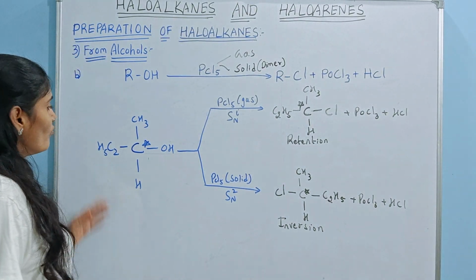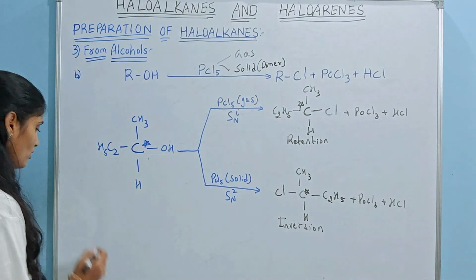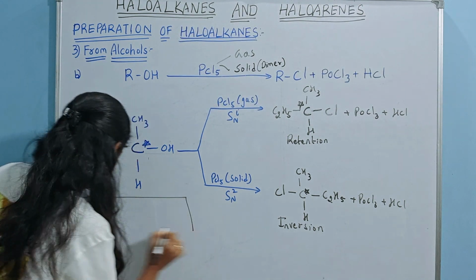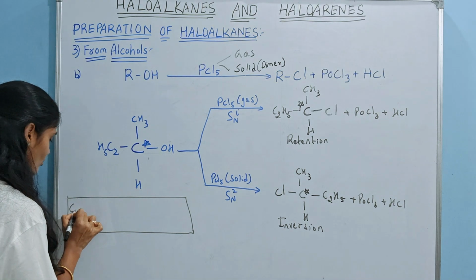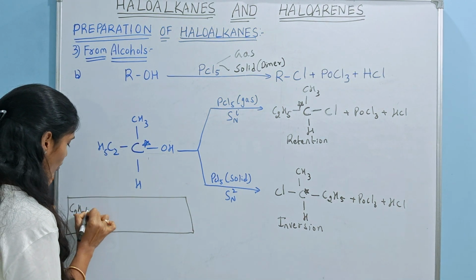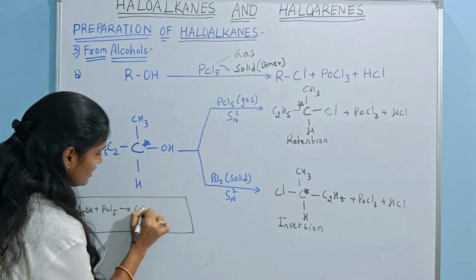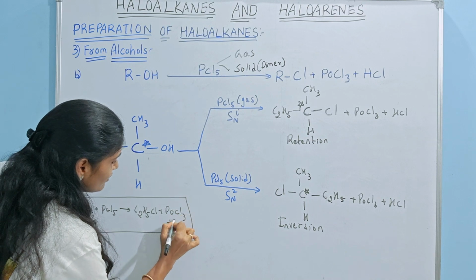Now we can talk about retention and inversion because I have a chiral carbon here. For example, if I take a reaction in which I don't have any chiral carbon, for example, C2H5OH plus PCl5 gives C2H5Cl plus POCl3 plus HCl.